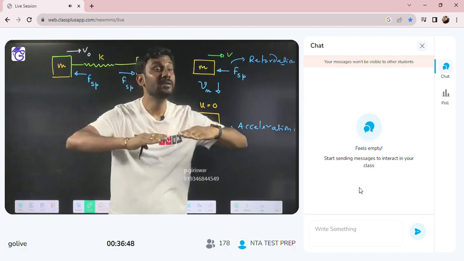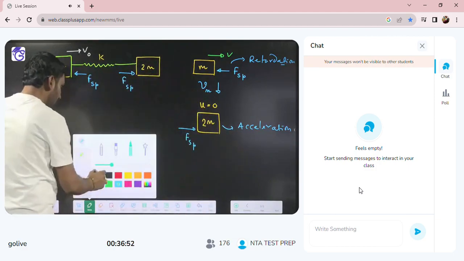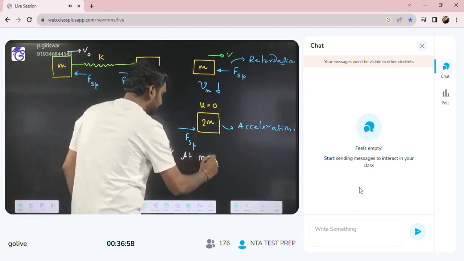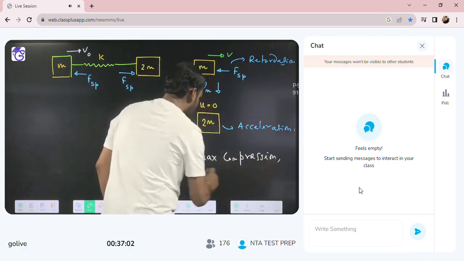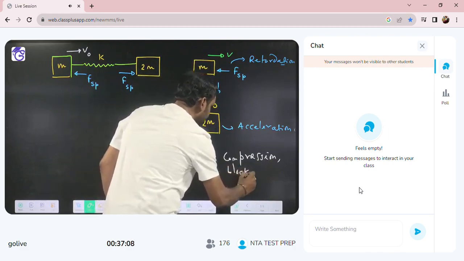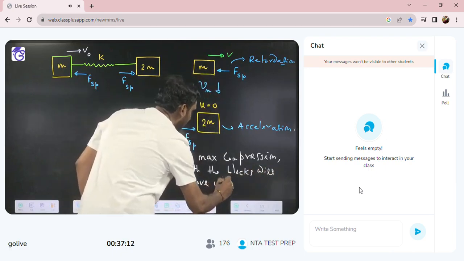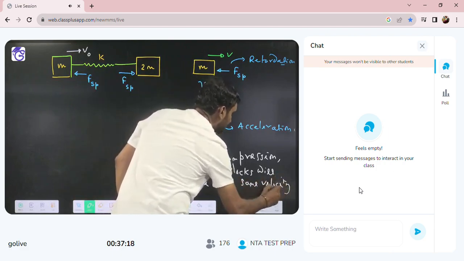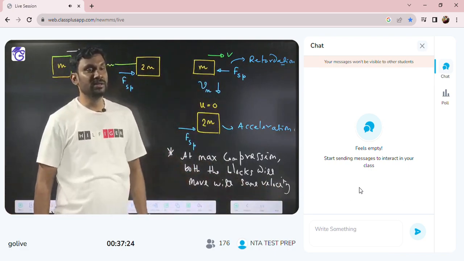So I'll write a statement: at max compression, both the blocks will move with the same velocity.